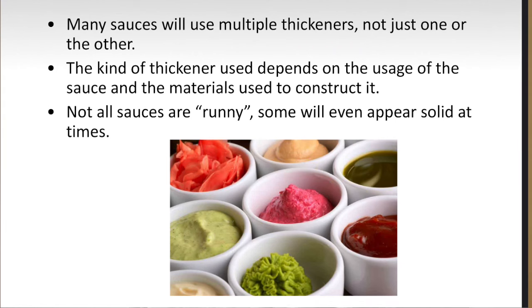So just some general thoughts about those. Now, a lot of sauces use many different thickeners, not just one or the other, so they can have multiple thickeners at play. Obviously, when we're talking in our quizzes and when we're testing, we're looking for generally what is the majority thickener here, and the kind of thickener used depends on the sauce and the materials that are used.